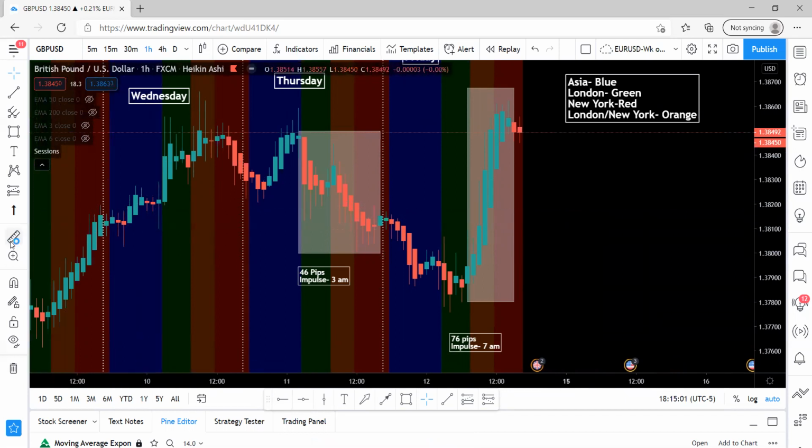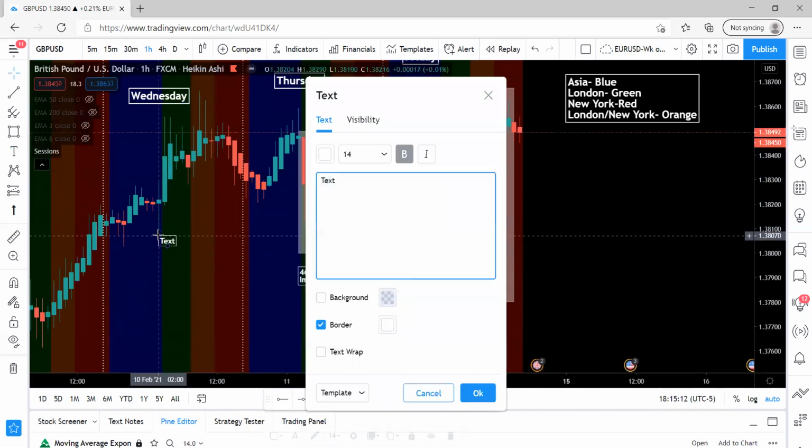So I'm just going to take it from this candle on up until it starts to consolidate. So that's about 42 pips. So again, I'm going to take my text box, 42 pips. And if you hover over the candlestick that first formed it, it was at around 3 a.m.